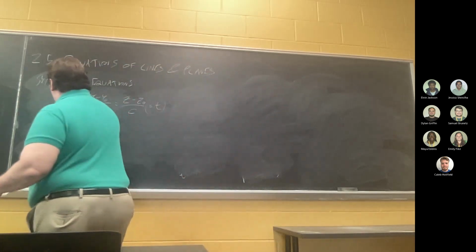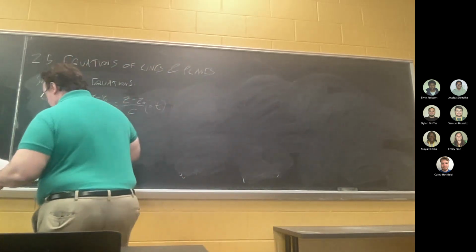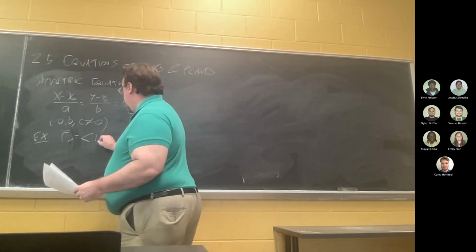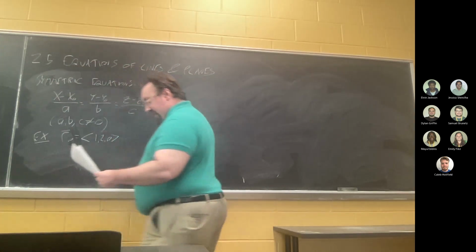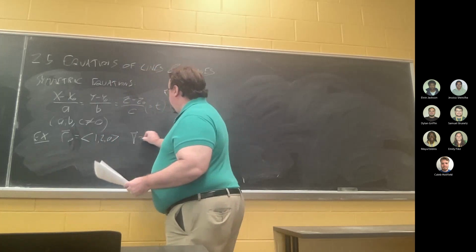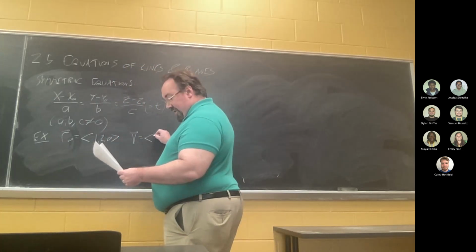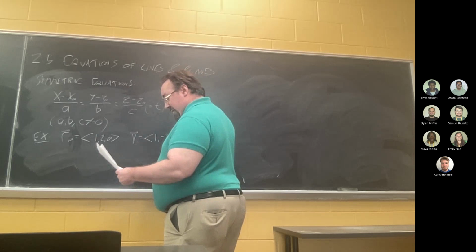All right, so let's suppose that we have a point on the line r0, and that's position vector 1, 2, 0. And let's suppose the direction numbers come from a vector v, 1, minus 3, 2.